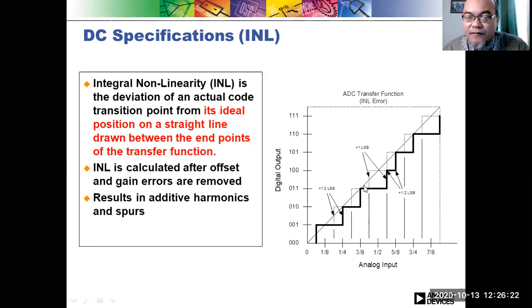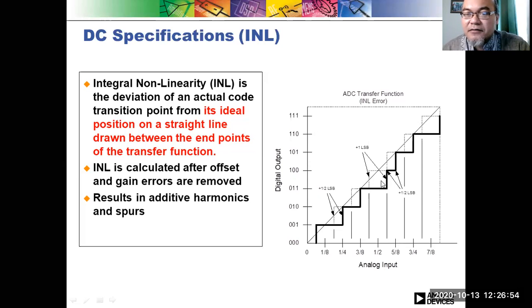Then the shift to 011 is at 3/8 of full scale, where it should have been in the middle between 1/4 and 3/8. Then further, the shift to 100 should be at the middle between half and 5/8 full scale. So here you see that there is an error of up to one LSB.